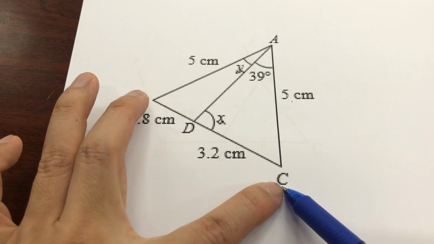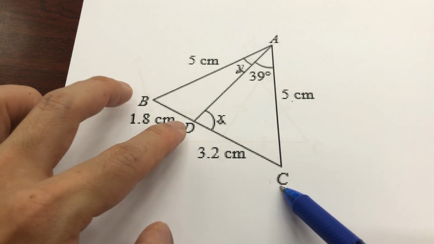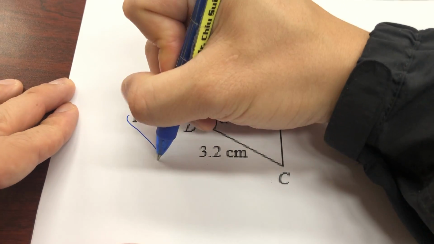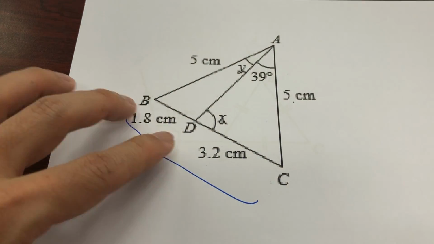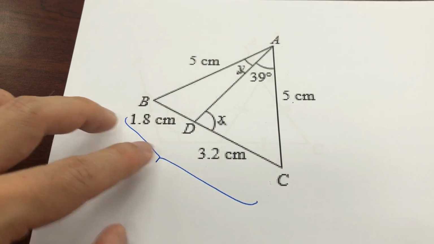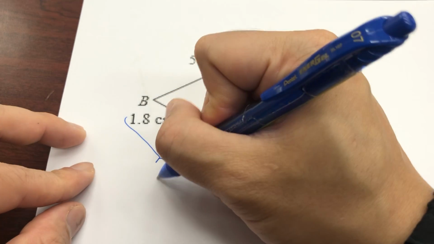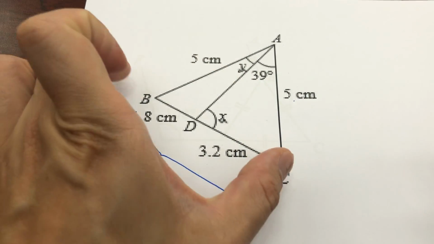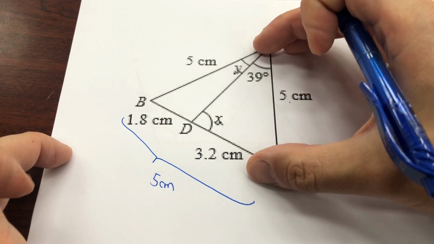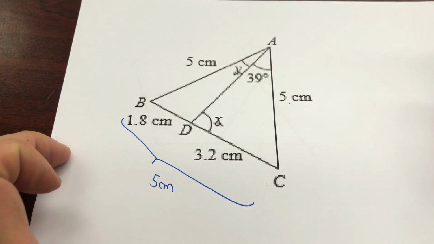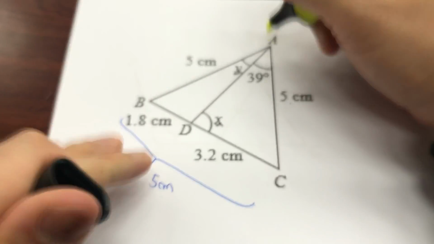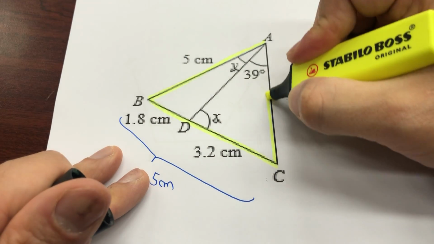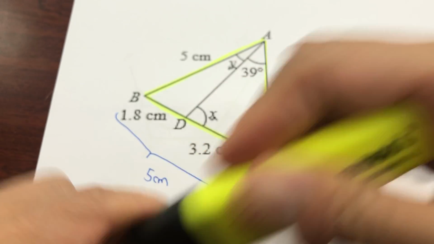There are two parts, 1.8 and 3.2. If you add them up, 1.8 plus 3.2, what is that? Yes, it becomes 5 cm as well. So we have 5 cm, 5 cm, and 5 cm. That means it is an equilateral triangle. The yellow triangle is an equilateral triangle.